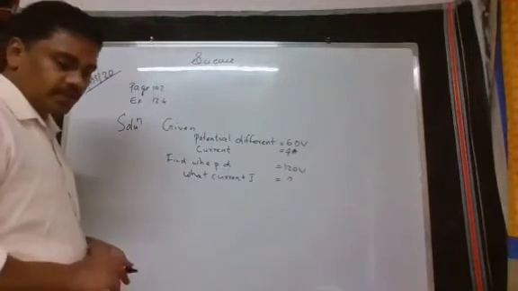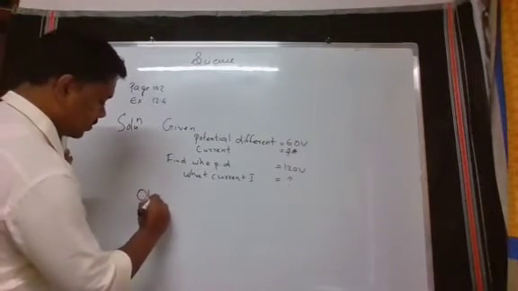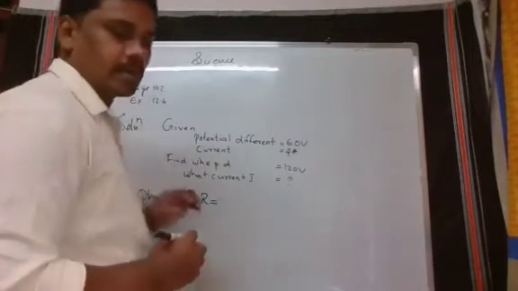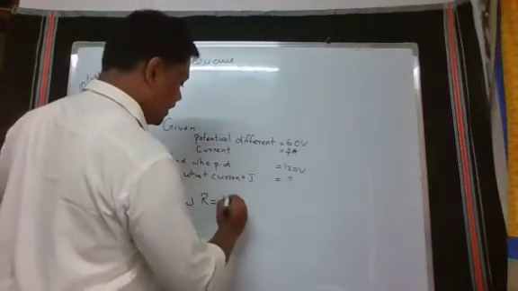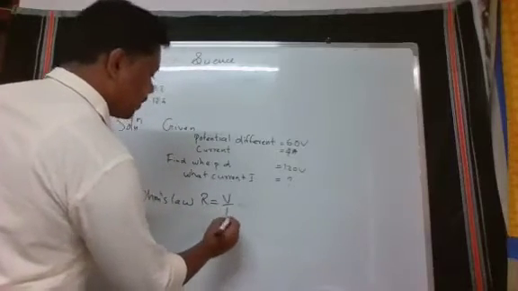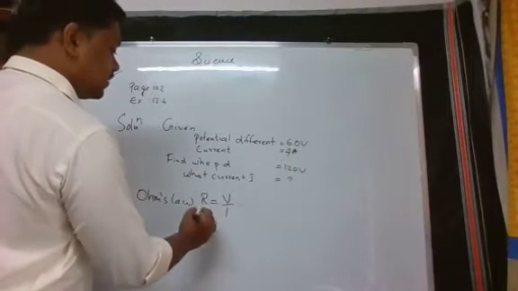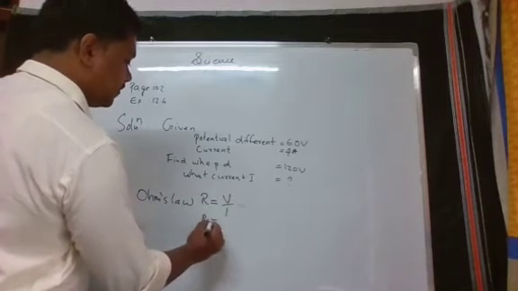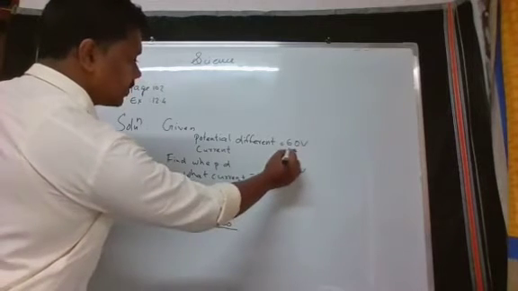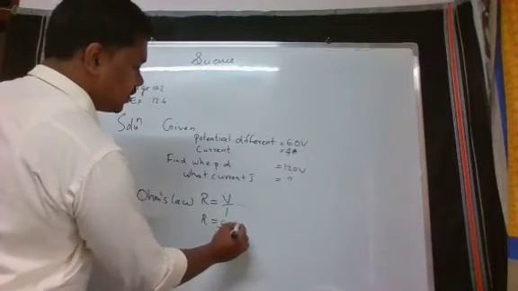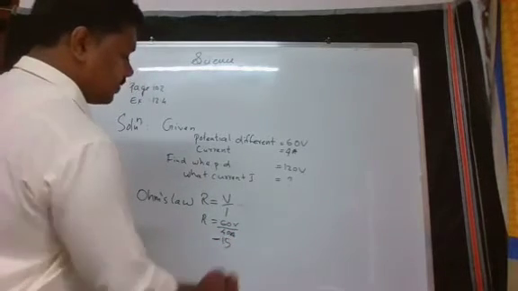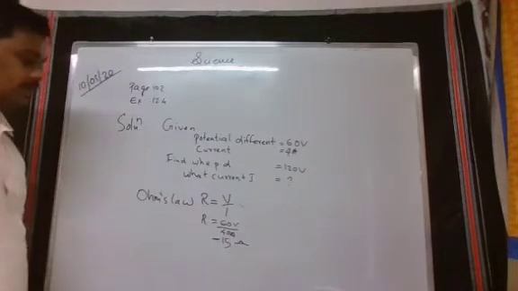So according to Ohm's law, R is equal to V by I. Then we are putting the values for V and I. R is equal to, we want to find resistance R, volt here 60 is given, 60 by 4 ampere, that is 15 ohm is the resistance.